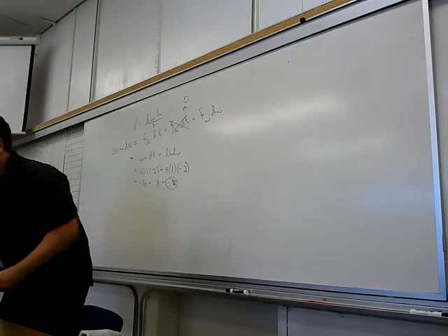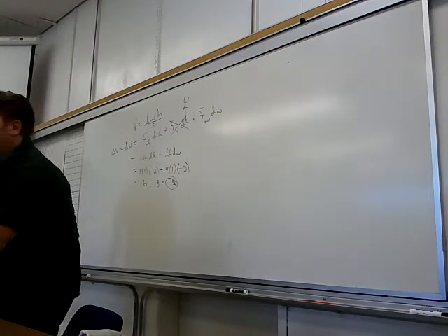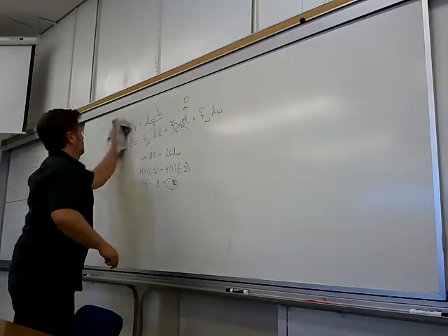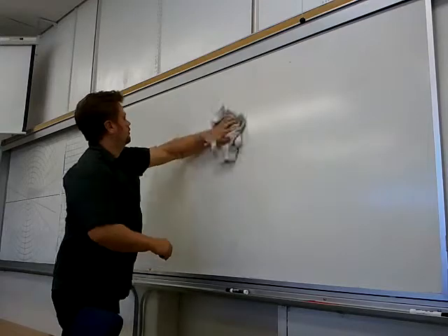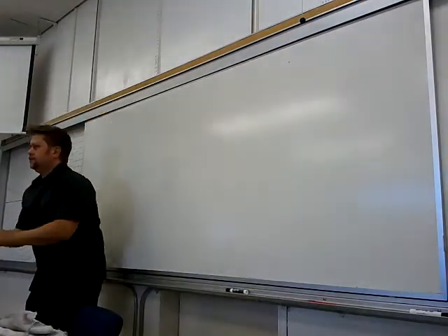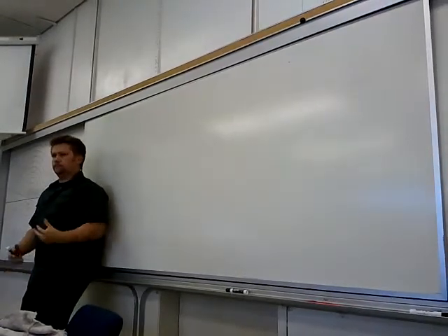So now, today we're going to get into 12.8: maxima and minima. And real quick, let me see what you guys remember about how you do max-mins in Calc 1.